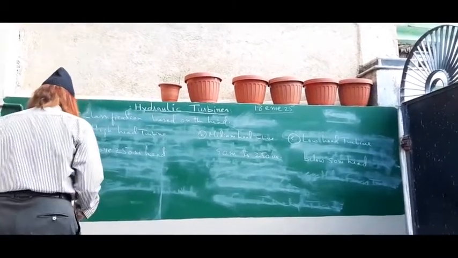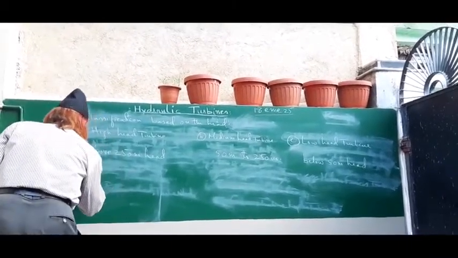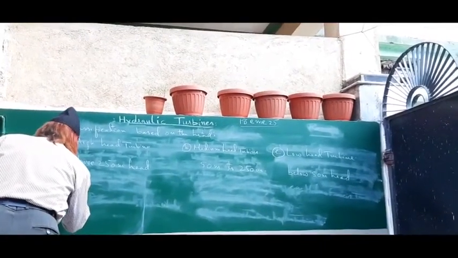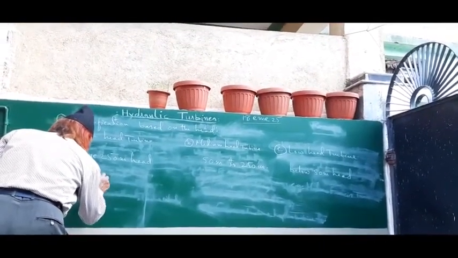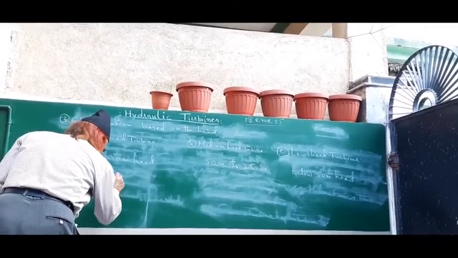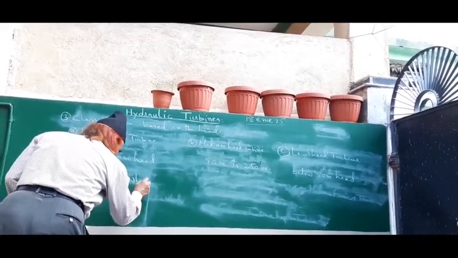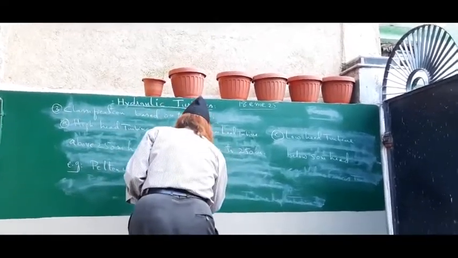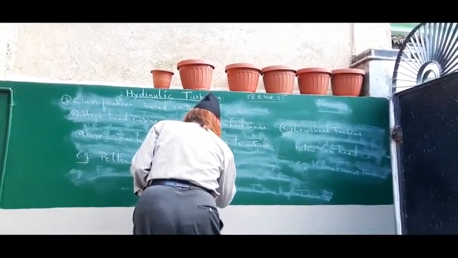The examples you can take down here. There is a Pelton wheel, which needs high head. Here it is a Francis turbine.